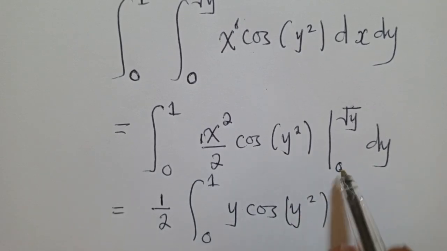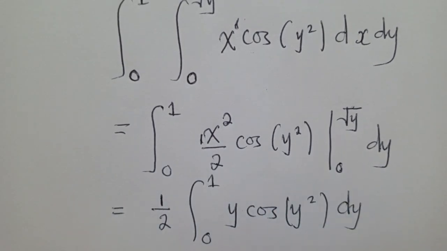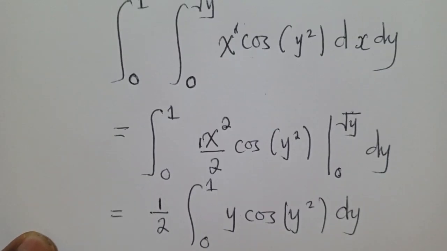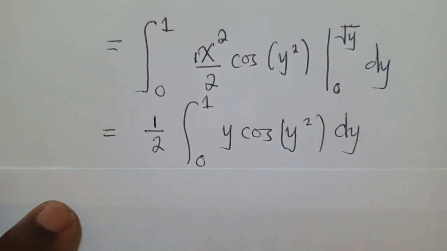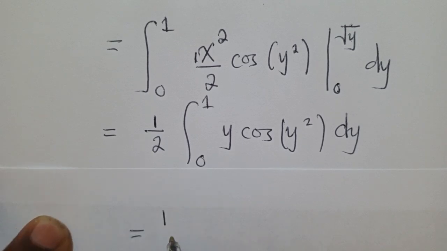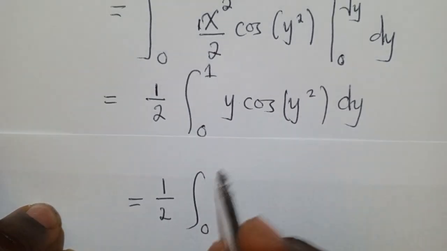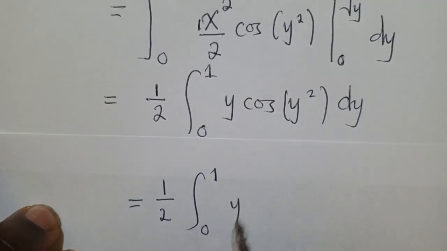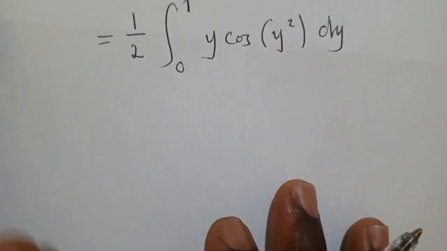For the lower limit, when we put a 0 here, it will just be a 0, so it won't change anything. So we say dy. This is equal to 1 over 2, the integral from 0 to 1 of y cos y squared dy. So this is the stage where we're at.